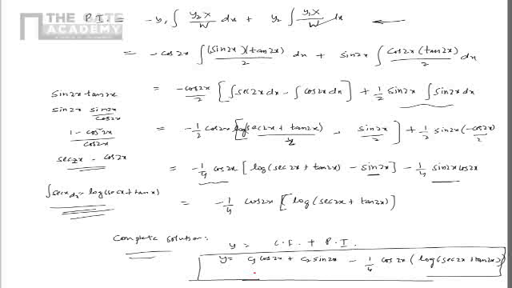If sin ax plus b, then what to do? Cos ax plus b, then what to do? If it is x power m, then what to do? And then the partial fraction method. And then we have seen the complete solution, complementary function plus particular integral.